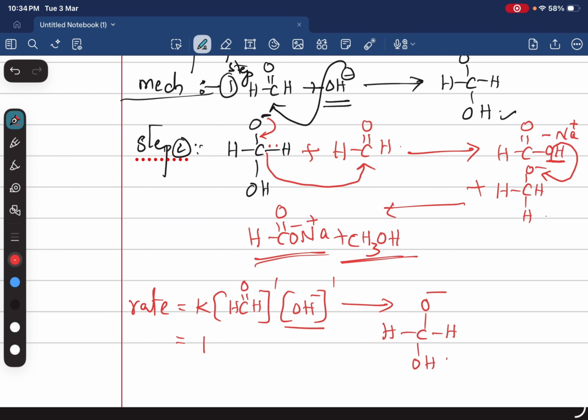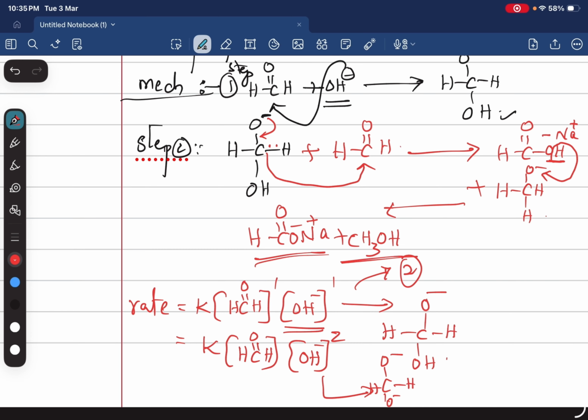When we take the concentration of base power 1, that is the intermediate. Suppose the base is double concentration, like OH minus power 2, then the intermediate is O minus H and here also O minus, like more protons lost because the concentration of base is more. So here the order is second order because the powers we have to add, and here it is third order. Those are important points related to this.